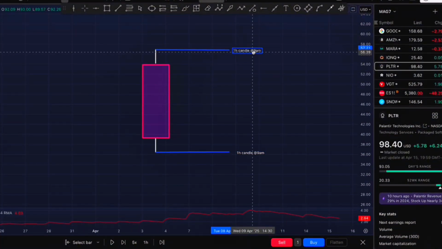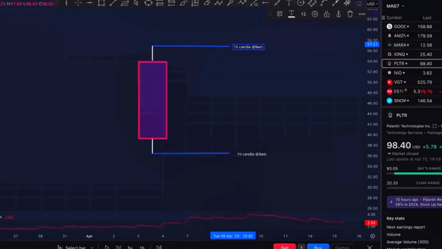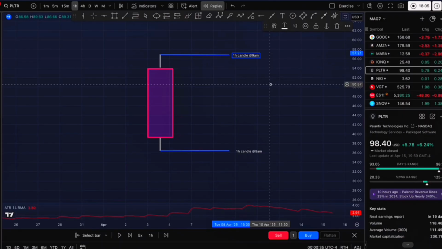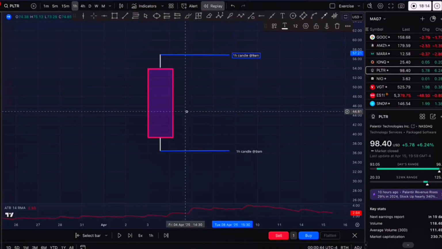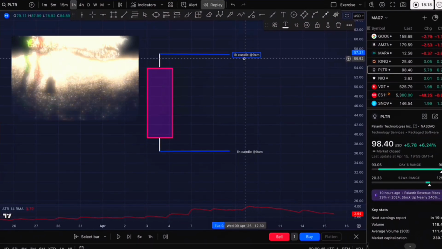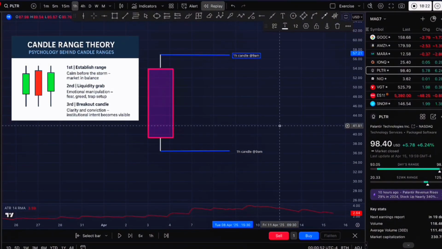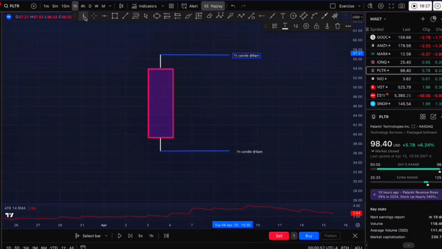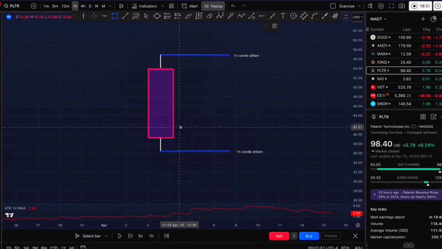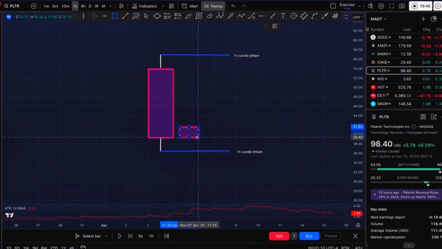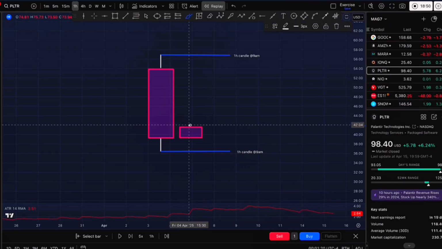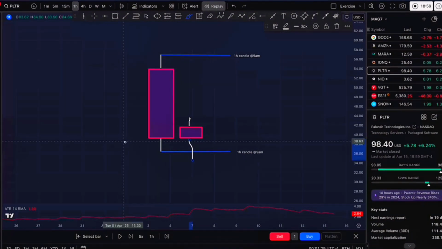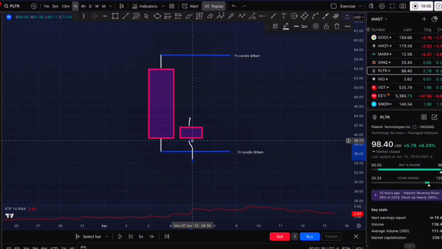And this one here, let's duplicate this and put it here. This is our 1 hour time frame candle, right? So the first thing we have to do here is set up the range with these high and low. Then the second one, let's say we have another candle here with its corresponding wicks.